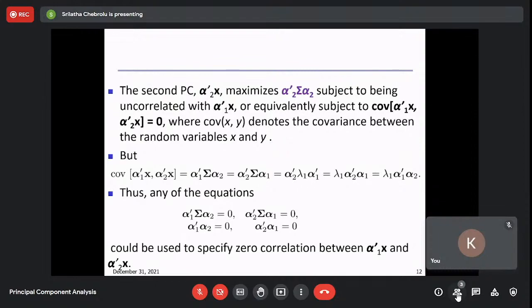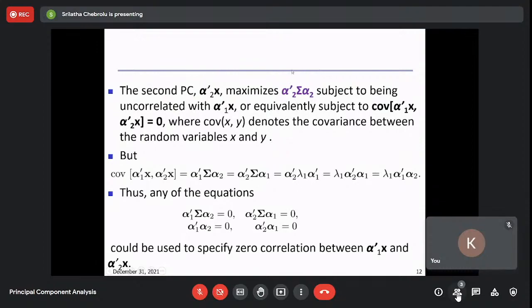We have to find the ratio between the variance of that particular principal component and the total variance, and then we get the contribution made by principal component 1. Now we will see how to derive the second principal component. Alpha 2 is the second principal component. Once again, it also has to maximize the variance.